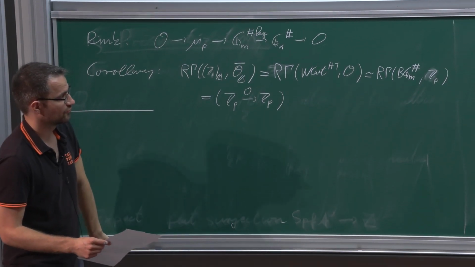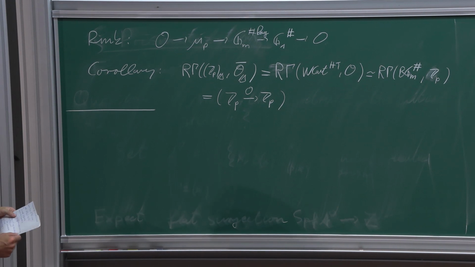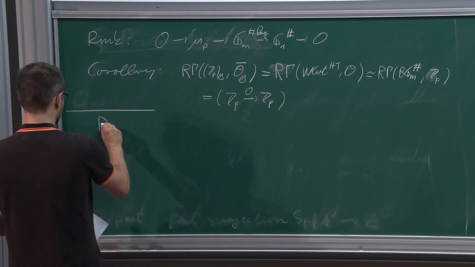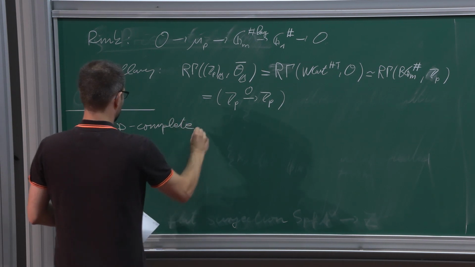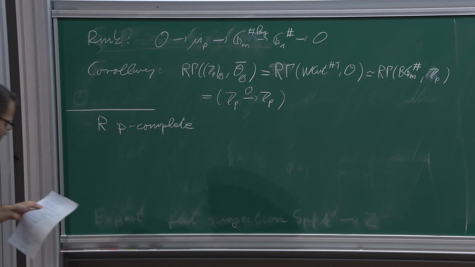Now I want to pass to more of a relative setting. I want to extend the situation to R being some p-complete ring.